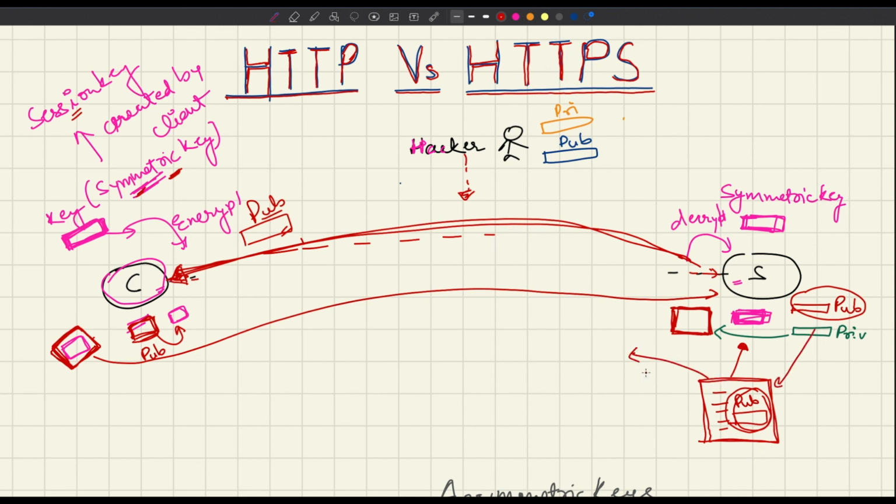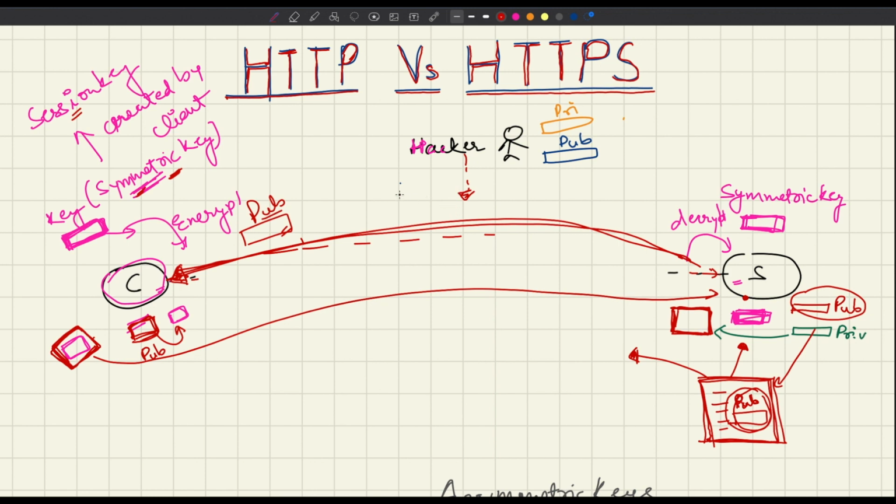And this is what the server is going to send to the client. Instead of just a public key, the server is going to send a certificate that is generated for this particular server, and also for this particular public key.